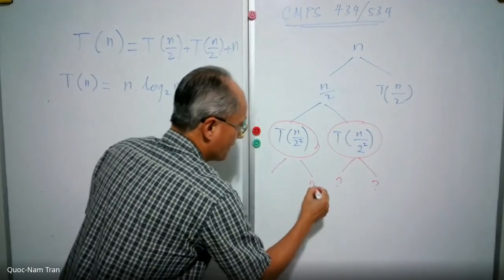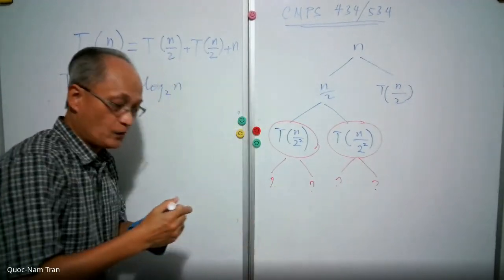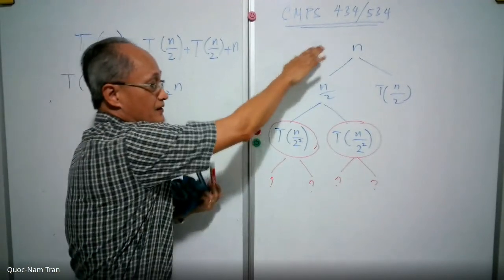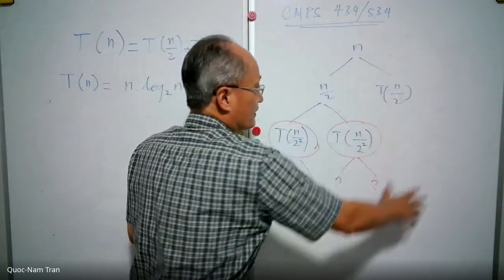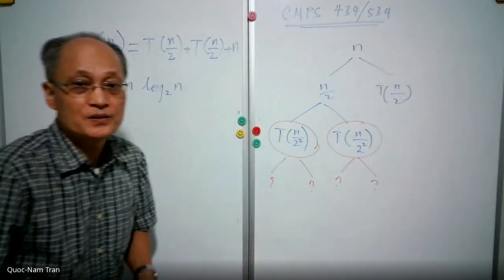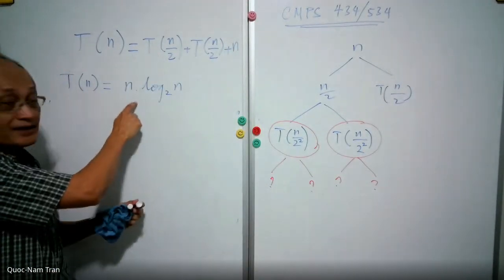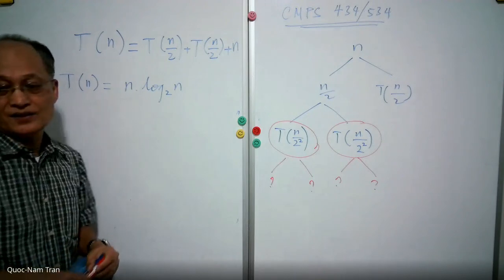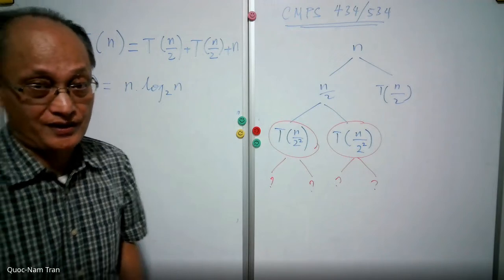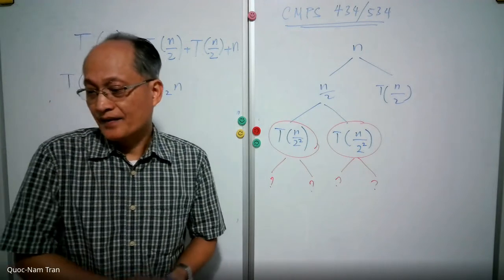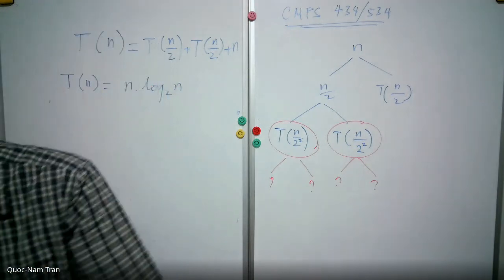On Tuesday, we can continue this process and add all of the values together, and then you will have the total cost for this merge sort. Okay? All right. Any question?